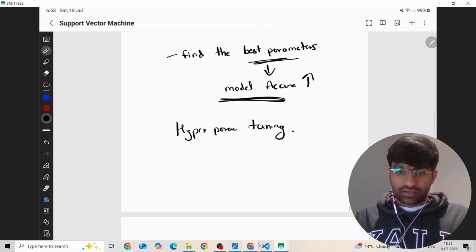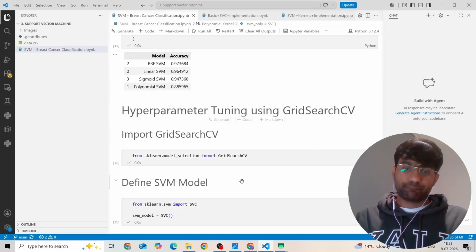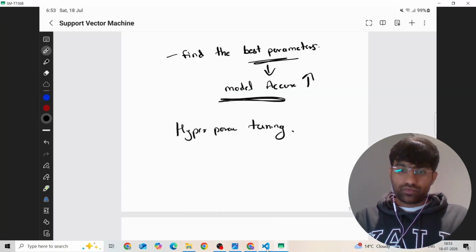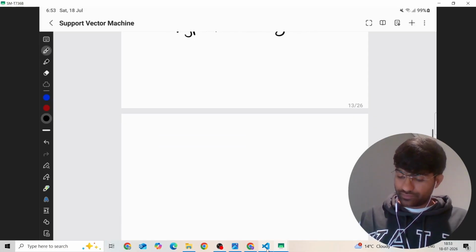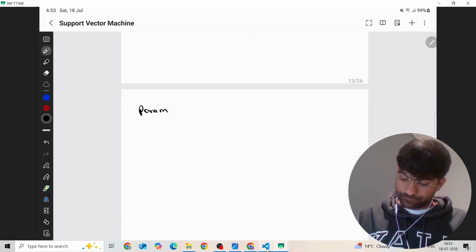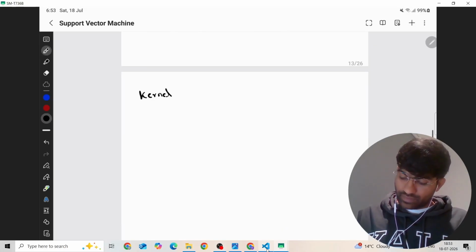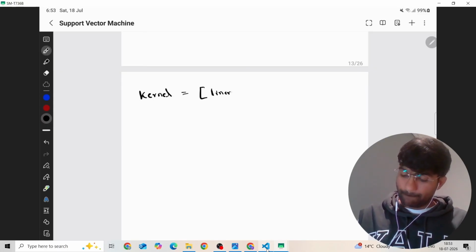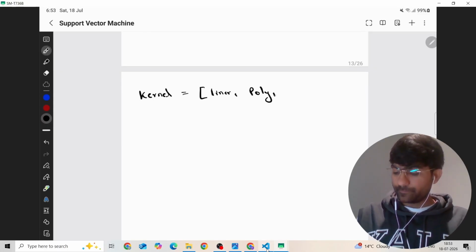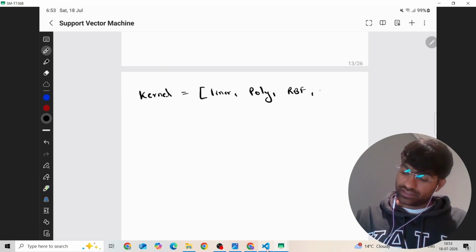And if you see, I have mentioned here GridSearchCV. What is GridSearchCV? For every parameter, there are different values. For kernel, for example, I have a list: linear, poly, RBF, and sigmoid.